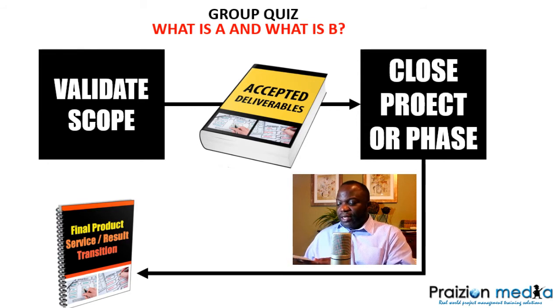And then take a trip to 4.7, close project or phase, page 122 to be specific. And there you can see final product, service, or result transition is an output of close project or phase, and that is going to the customer.